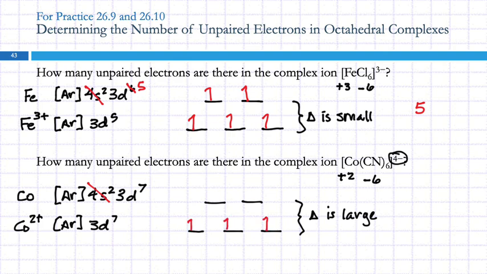And this is a situation where you have to pay $50 a night to have your own bed, on top of what you're already paying. So this one's like, nah, I'm going to share. So there's 4, 5, 6, and then number 7 has no choice but to go up there. How many unpaired electrons? 1. So there could be a question like that on the take-home exam. Any questions?